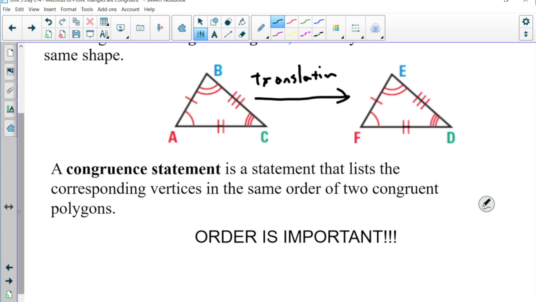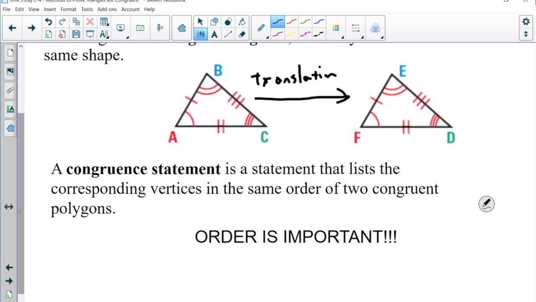So in this example, the idea when we write these is that you can write the first shape in any order, and then you need to match it in the second shape. So it does not matter what order I choose for the first shape, but the second shape has to match it.